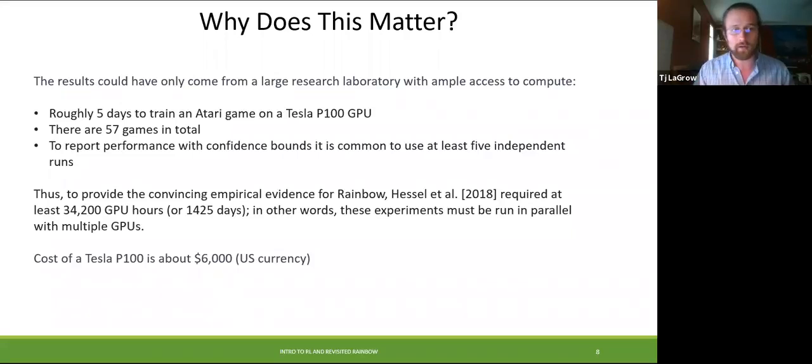But to report the performance, you usually have to run 5 independent runs. So here are some of the statistics, but it would take roughly, gosh, what is that? Something like 6-7 years of single GPU hours to be run on multiple GPUs, and the cost of 1 Tesla is around $6,000 in US currency.